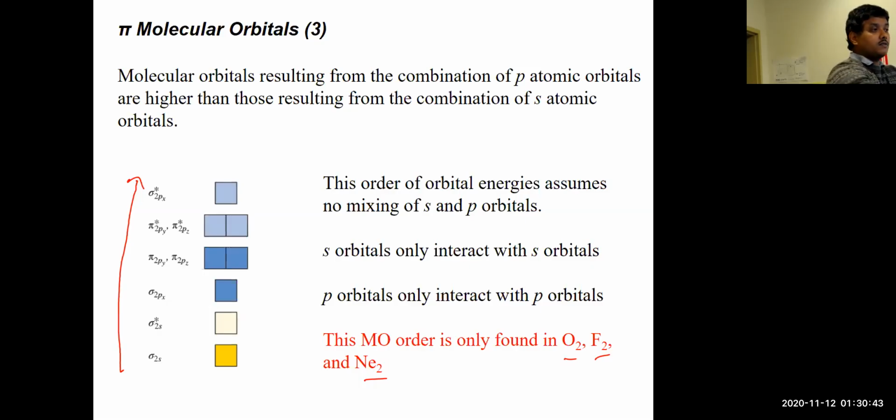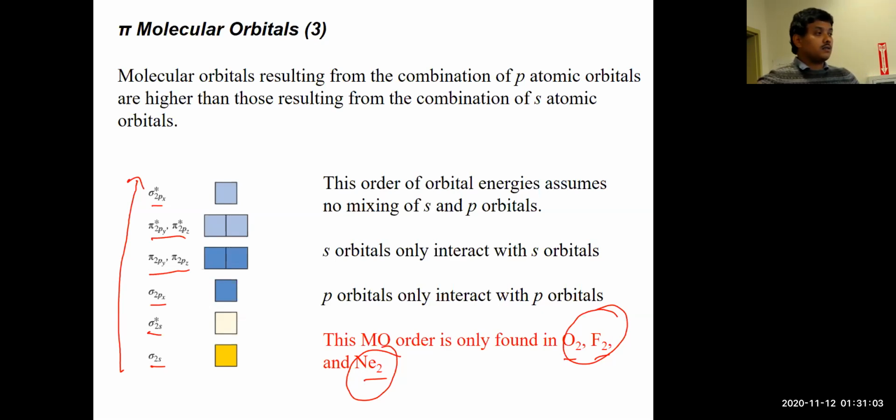And in this order, it is very specific. Sigma 2s first, followed by sigma star 2s, then sigma 2px, then followed by pi and pi stars and sigma stars. Watch out because it is exclusive to elements O2, F2, and Ne2 because they are bigger, larger elements, and they have specific differences between the sigma of s orbital and sigma of p orbitals with the pi orbital.